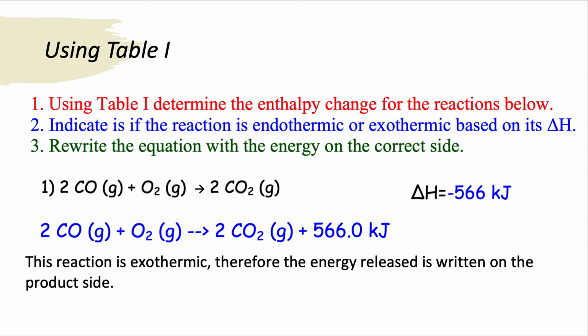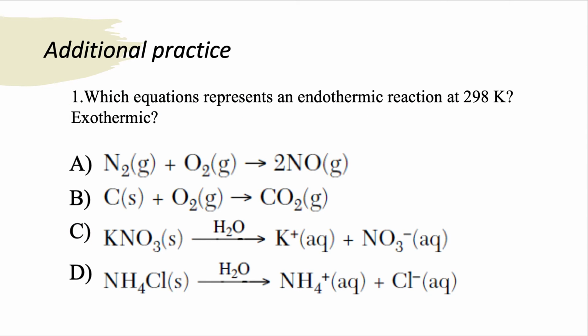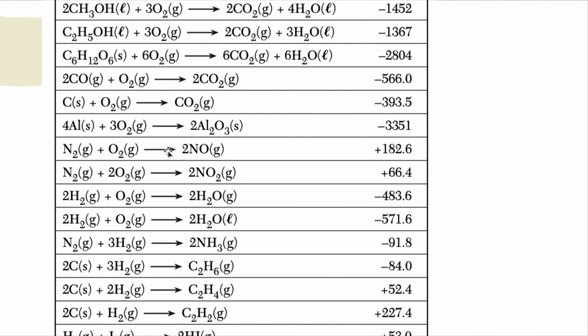Let's take a look at some more practice questions. This question is asking which equation represents an endothermic reaction at 298 Kelvin, or exothermic reactions. The first one is nitrogen and oxygen gives me nitrogen monoxide, which is plus 182.